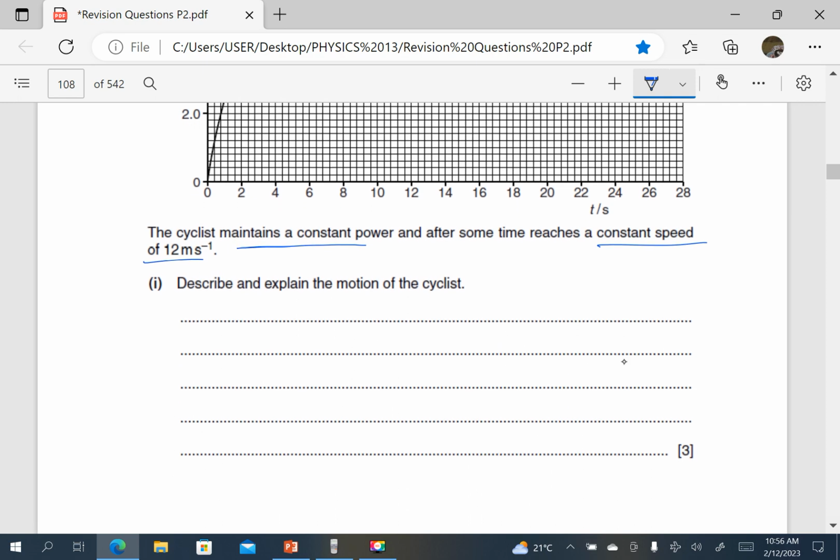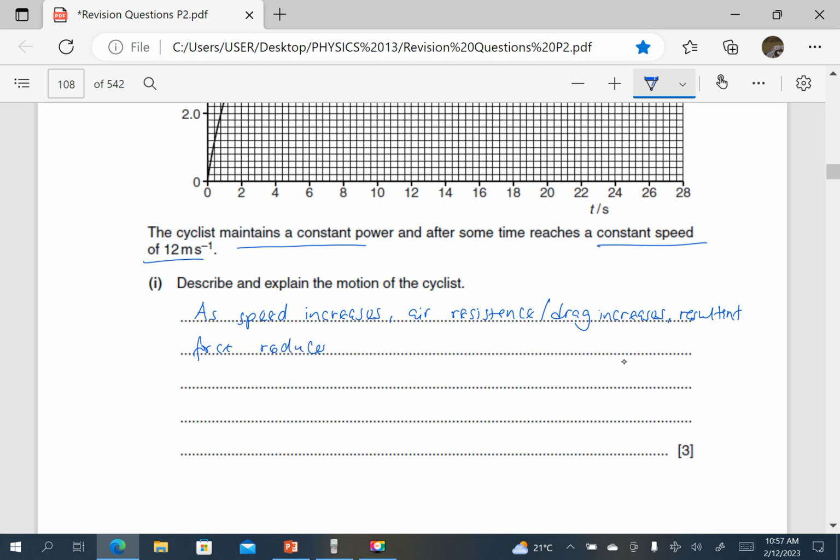So therefore, we can simply say as speed increases, air resistance, which I'm calling the drag, increases. The resultant force reduces.